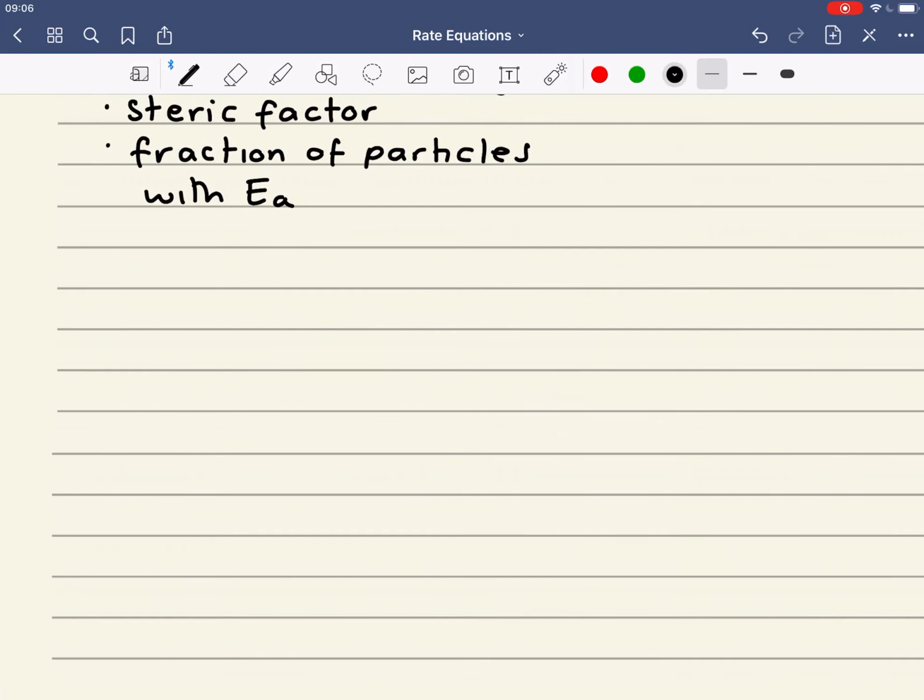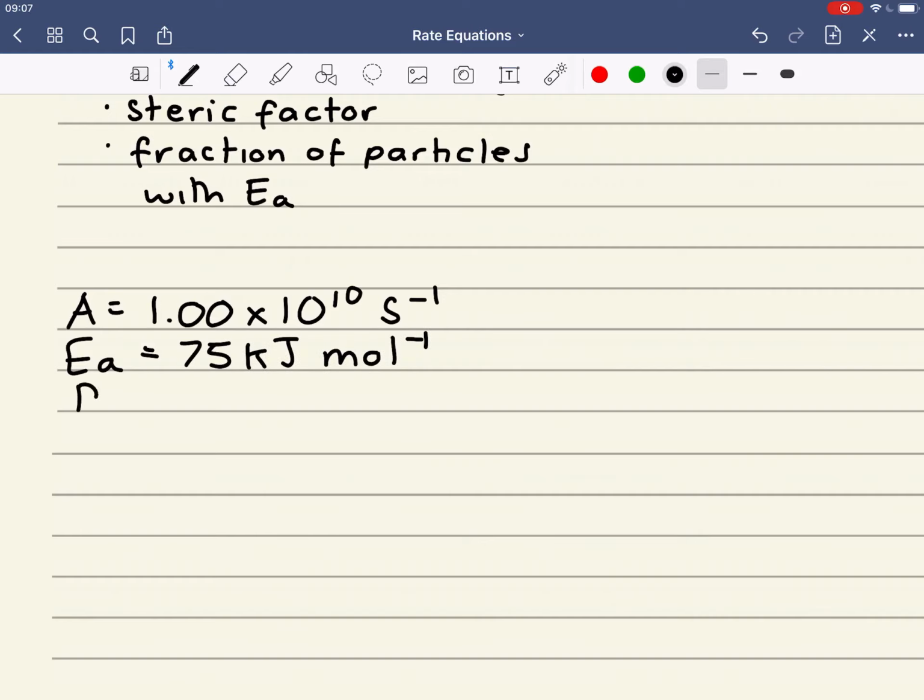So let's do a calculation. Now, I'm going to say that A is 1 times 10 to the 10, and we'll give the units there seconds to the -1. My activation energy, we'll say 75 kilojoules per mole. R is obviously 8.31 joules per Kelvin per mole, and we'll say the temperature is 300 Kelvin.